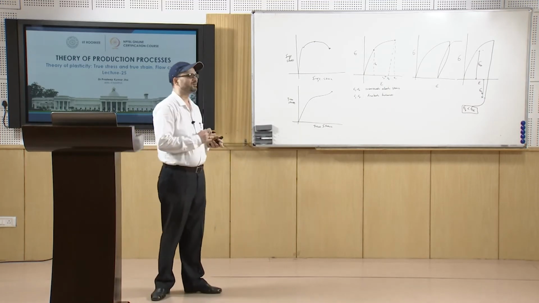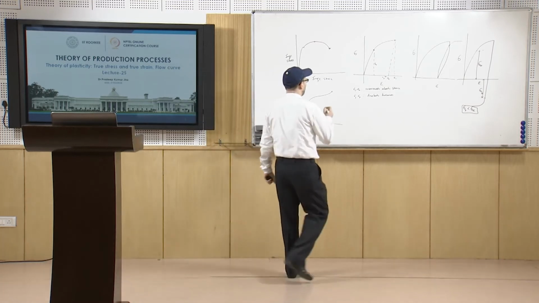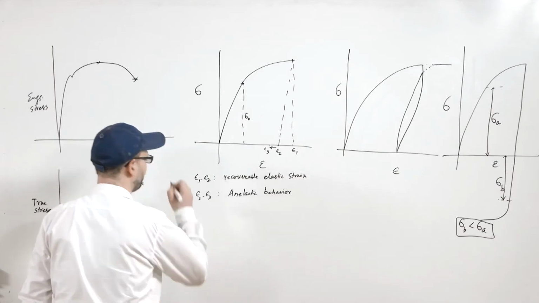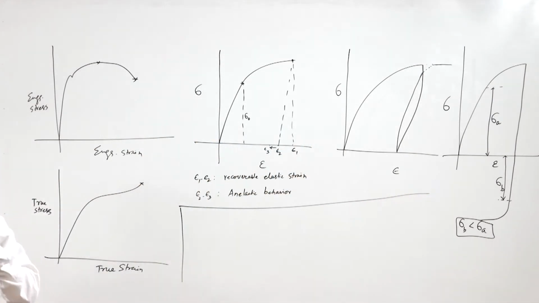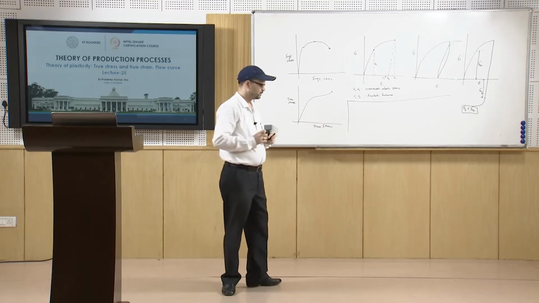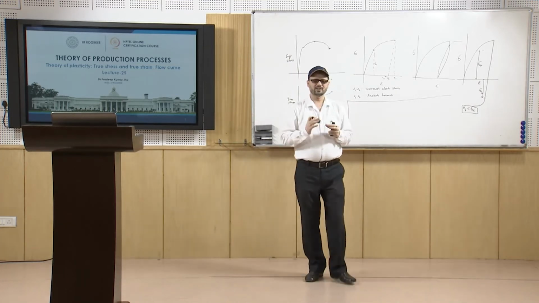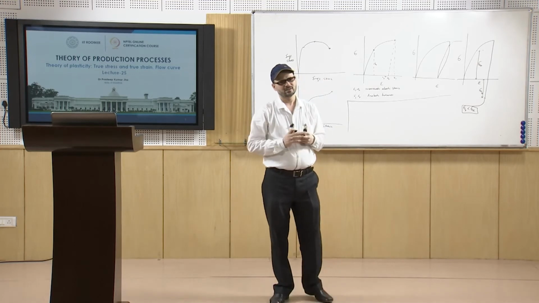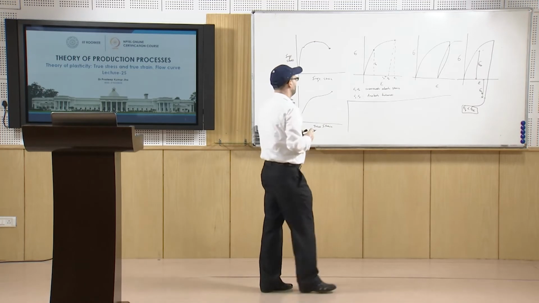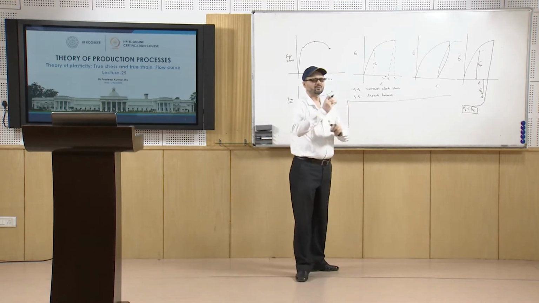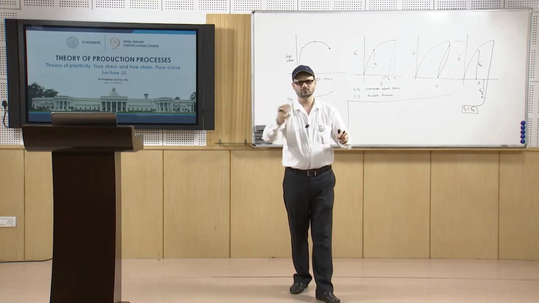Now, what is true stress, what is true strain? Let us see true strain. Whenever we talk about strain, it is change in length by original length. So we talk about change from one value to other values, and then to next values.